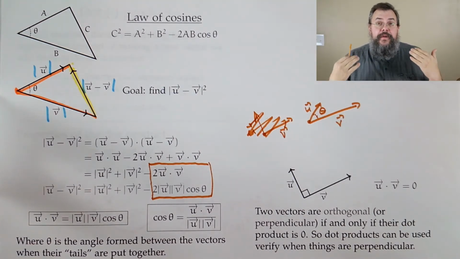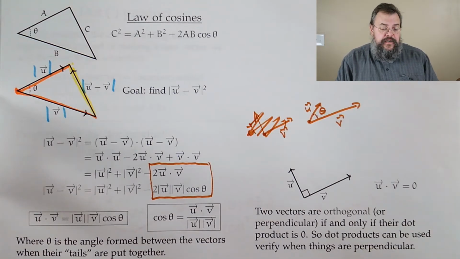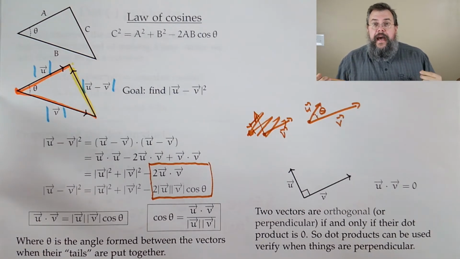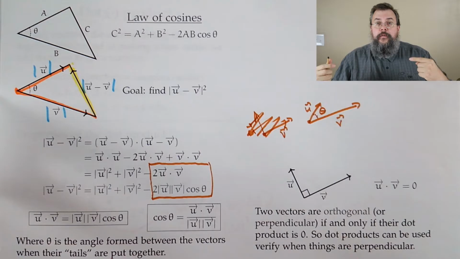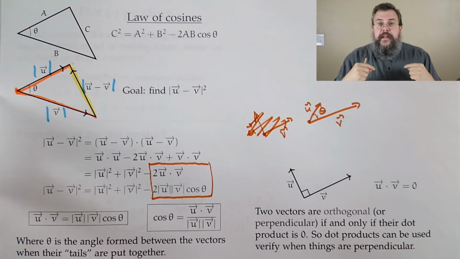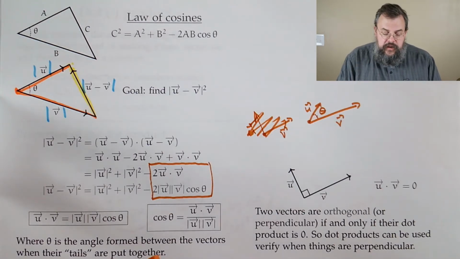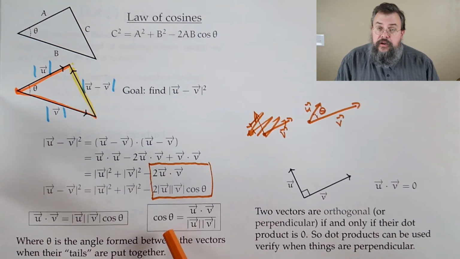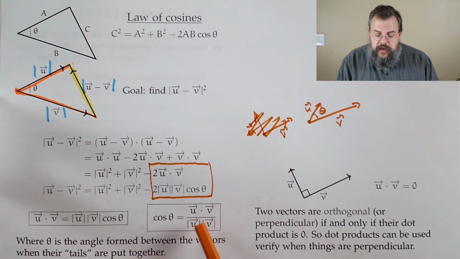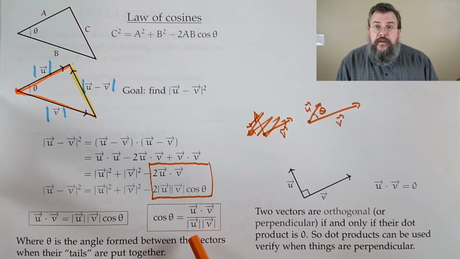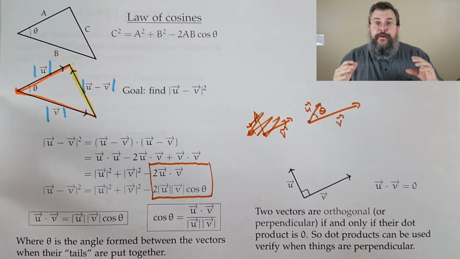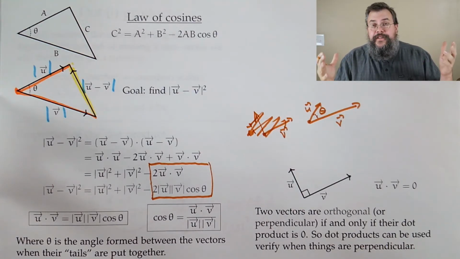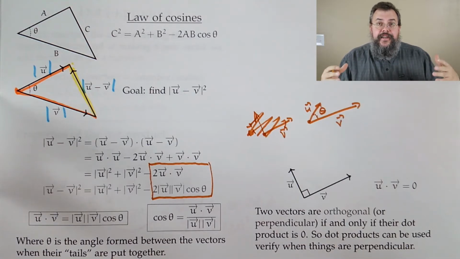Now, one of our immediate consequences is that you can reverse engineer and find an angle between vectors. I can take this and divide and say that cosine of theta is u dot v divided by magnitude of u, magnitude of v. And now I have an expression for cosine theta. And of course, if I have cosine theta, I can take the arc cosine.